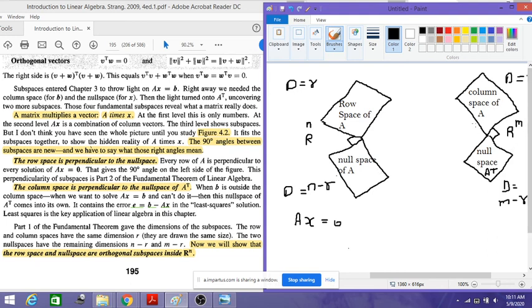And if you look into the right side of this diagram, the column space is perpendicular to the null space of A transpose, which we'll use when B is outside the column space.